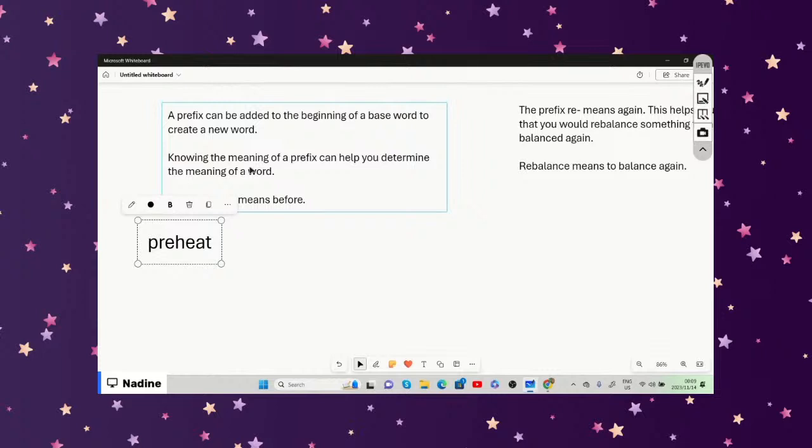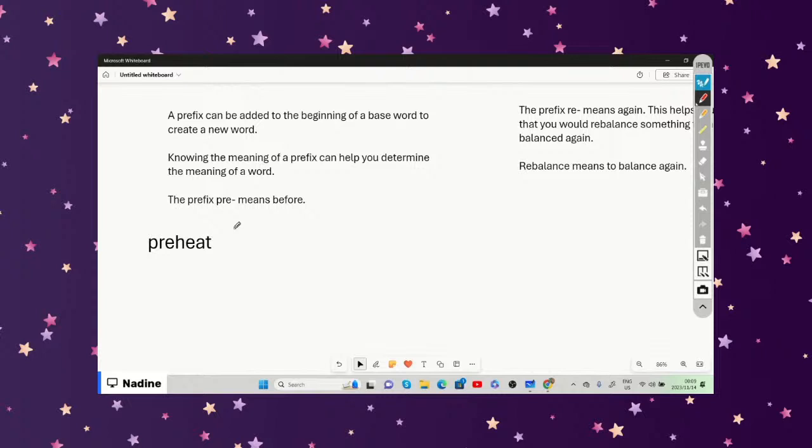If we break up the word, pre is on its own and pre means before, and heat means to warm up or to warm something.